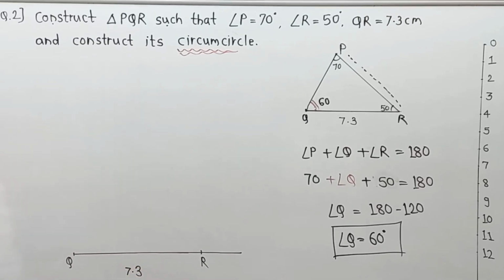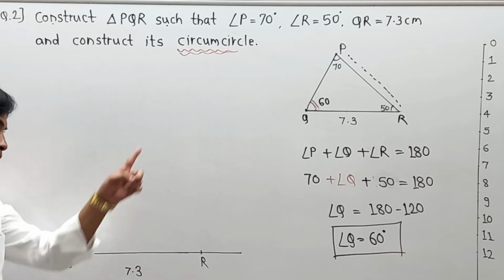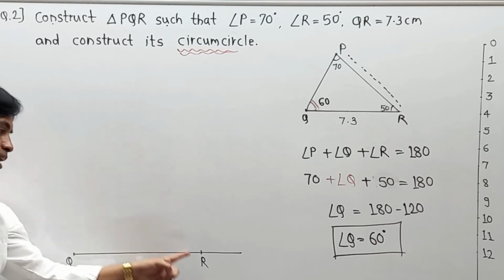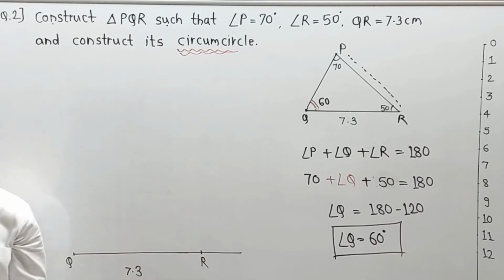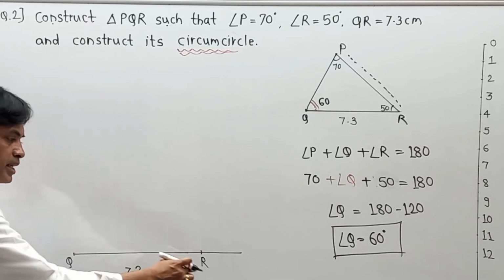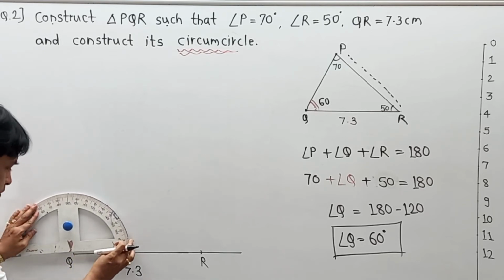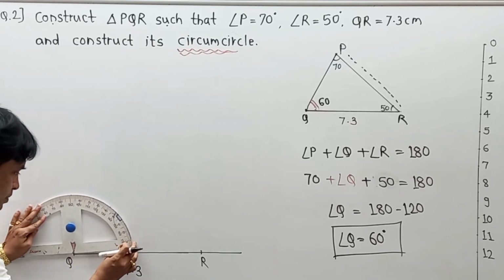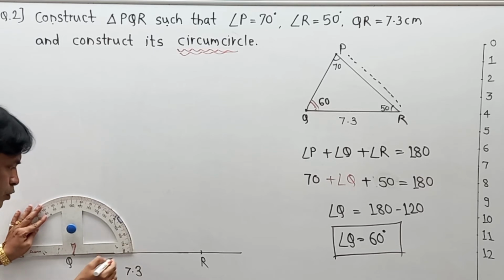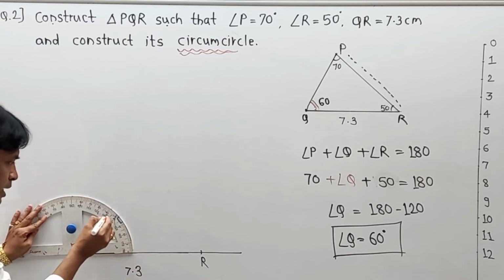Next, coming to the part over here, from Q, as per the rough diagram, we have to take an angle of 60 degrees, and from R, we have to take an angle of 50 degrees. So from Q, in measurement, angle 60 degrees.